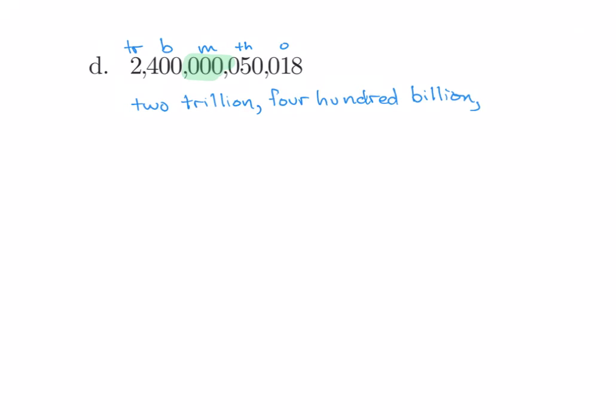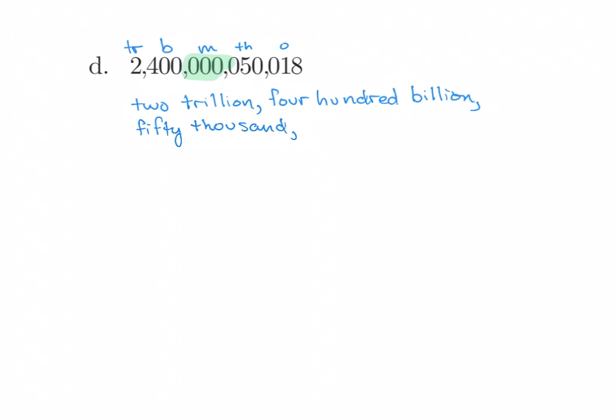Now note here that in the millions period, we have no millions. And so what do we do with that? We skip it. So there's not going to be any mention of millions in our answer. So let's go to the next one. The number inside is 50. Our period name is thousand. Include a comma.